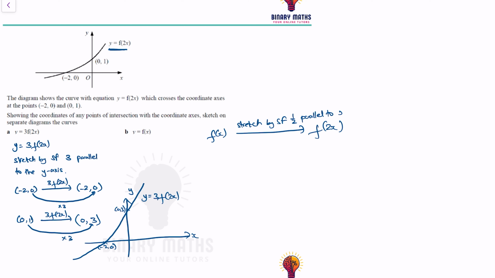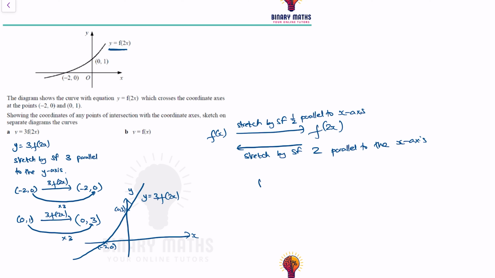So if I'm going backwards, I need to do a stretch by scale factor 2 now. Because if it's a stretch by scale factor a half going forward, then going backward would be a stretch by scale factor 2, parallel to the x-axis.